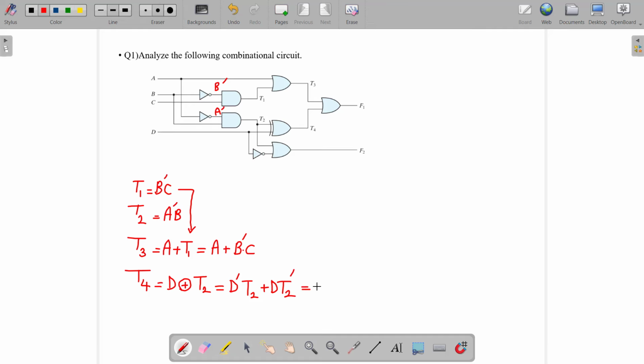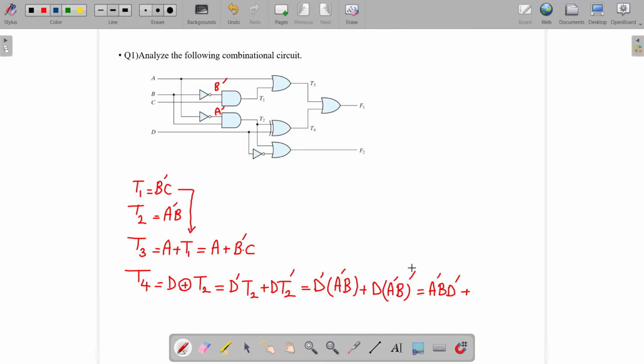Means that D prime T2 is A prime B D prime, or D T2 prime is D A prime B prime. So I can write this one again as A prime B D prime, or this one can be written in this form.